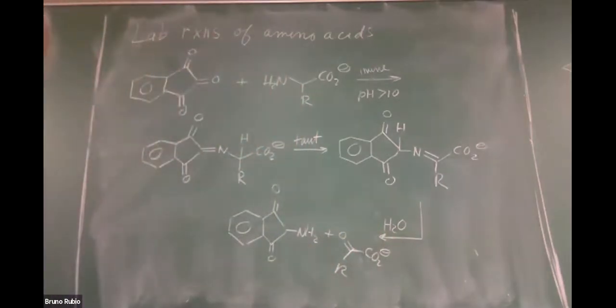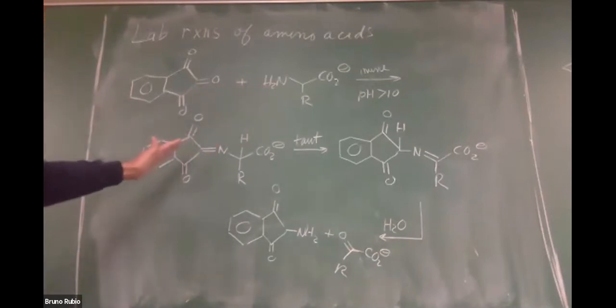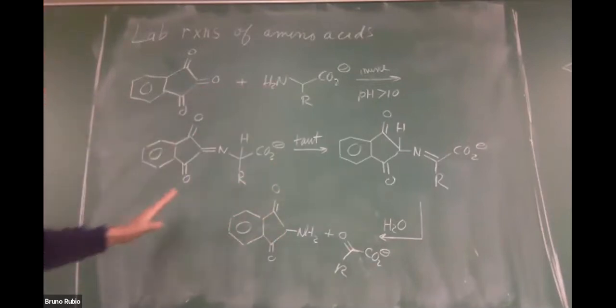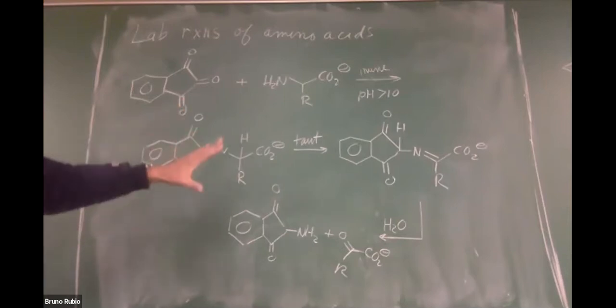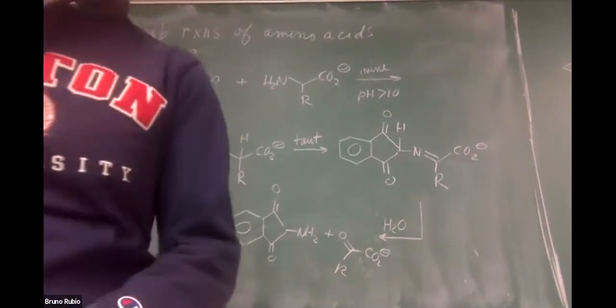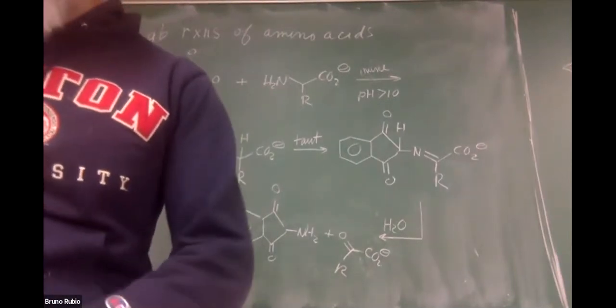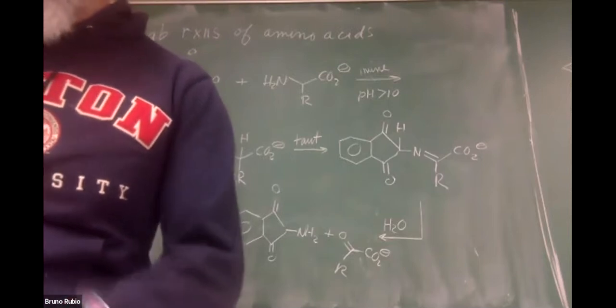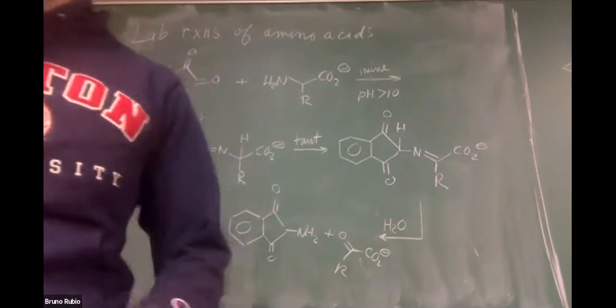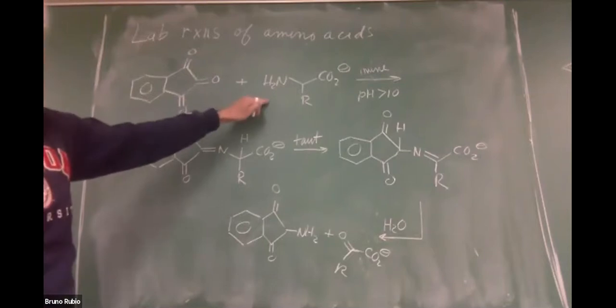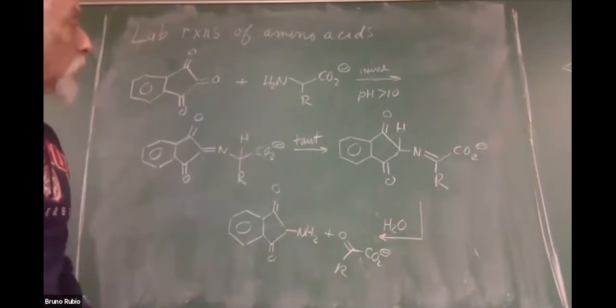Right, so that's a bunch of reactions that we have talked about before, right? Imine formation, tautomerization, and then reversion of the imine. So because the amino acid has that amine functionality, it can do all of this stuff, just like any other primary amine. Okay.